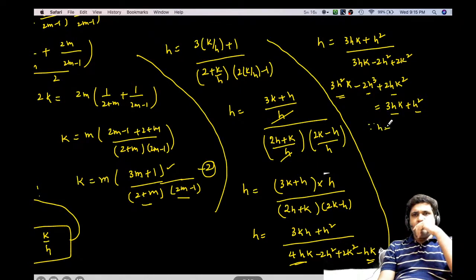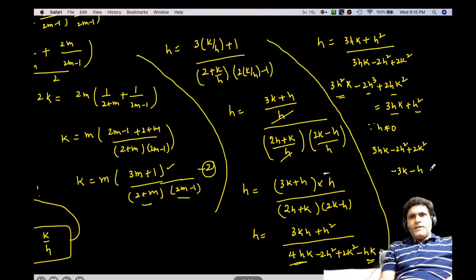Since h is not equal to 0, throughout you can cancel. If you cancel, then what you get: 3hk minus 2h square plus 2k square minus 3k minus h is equal to 0.